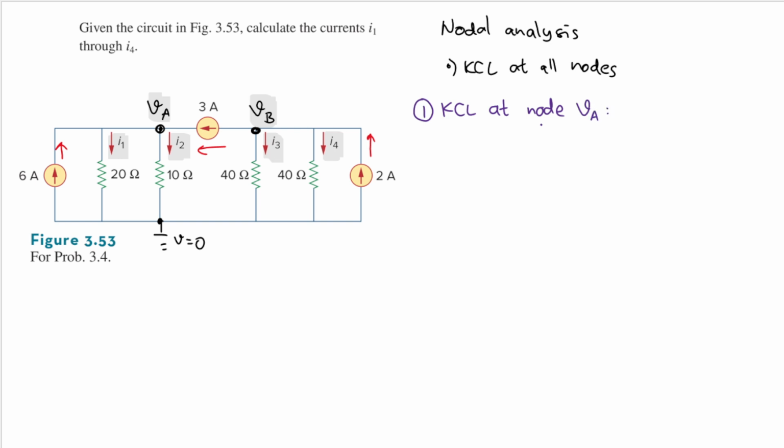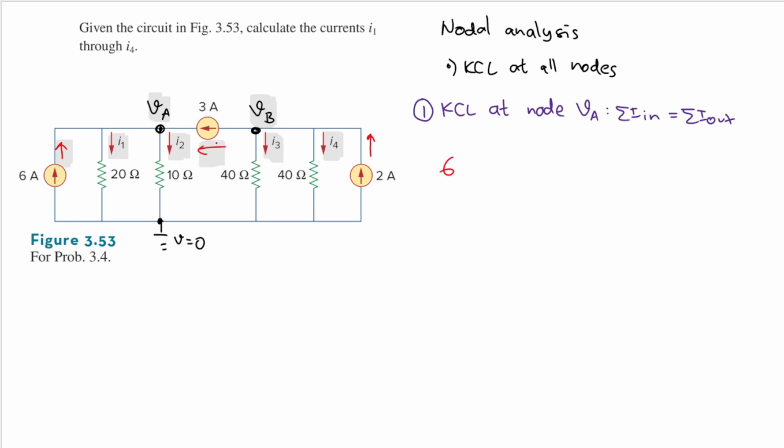Okay, KCL says that the sum of the currents that go in will equal the sum of the currents that go out, right? And there are two currents that go in here. We have this one and that one here. But this one is 6 ampere. We know the value, so we will have 6 there.